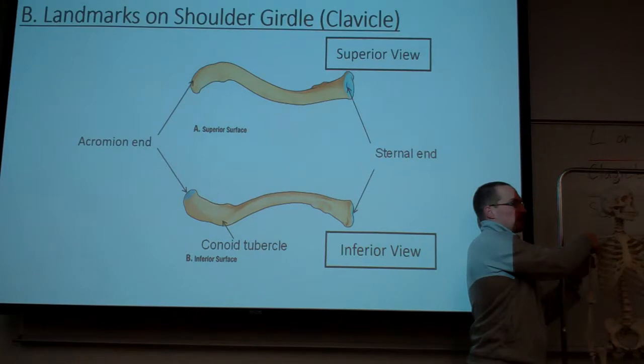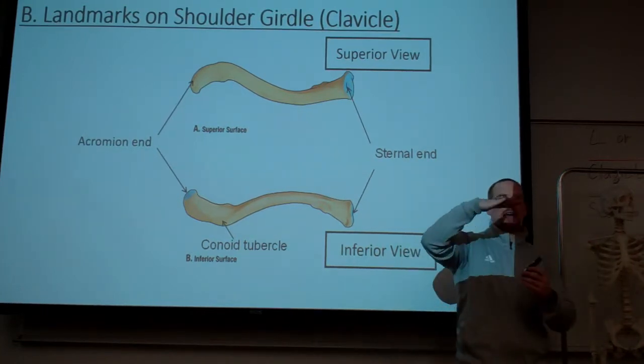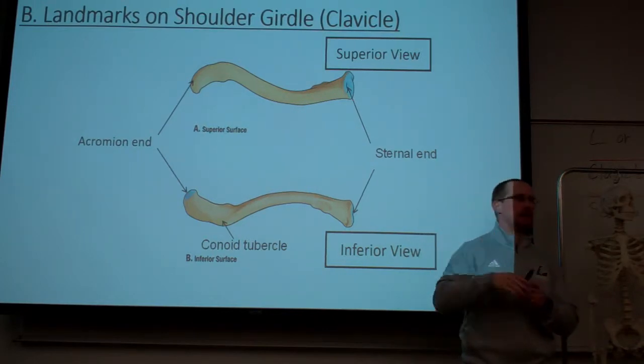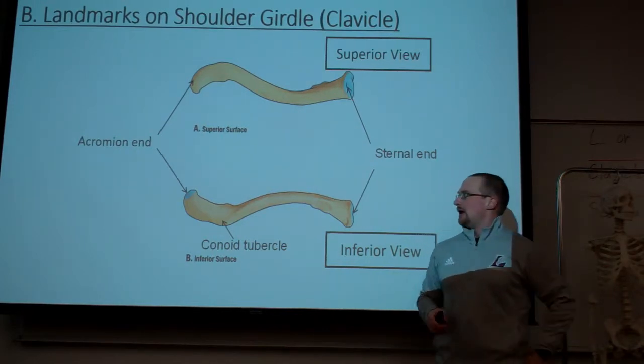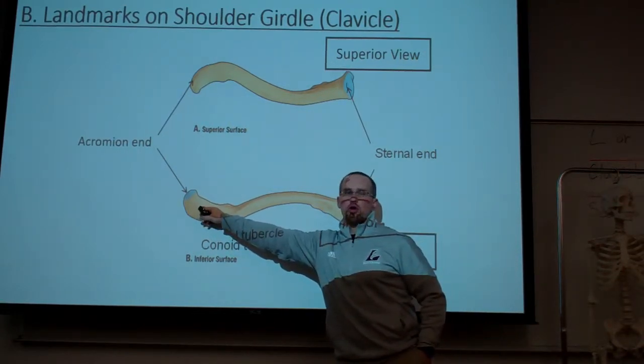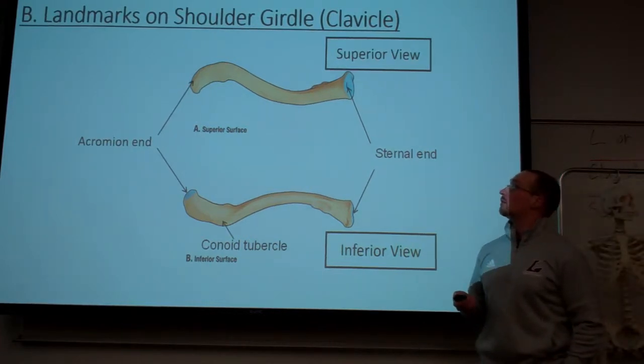At the other end, we've got the acromion end. It's more like a spoon, kind of like a hook. It's called the acromion end because it articulates with the acromion process on the scapula, which we'll talk about in a little bit.